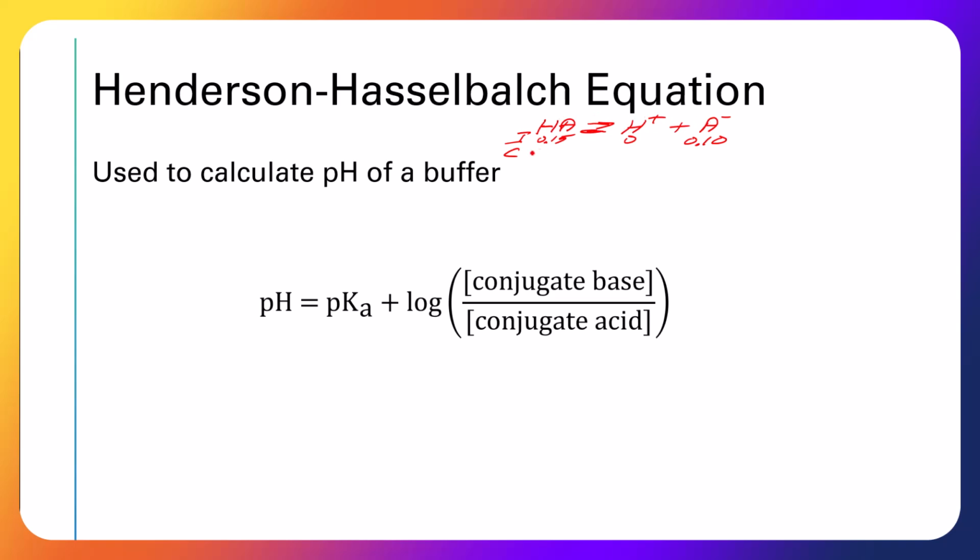It has to. We're going to ionize to a very small degree. The weak acid will have plus X here, and we'll have plus X here.